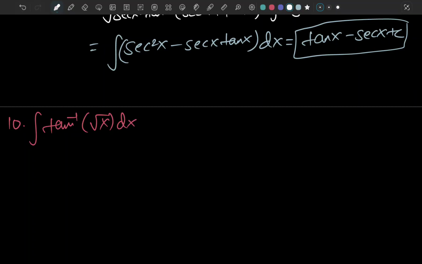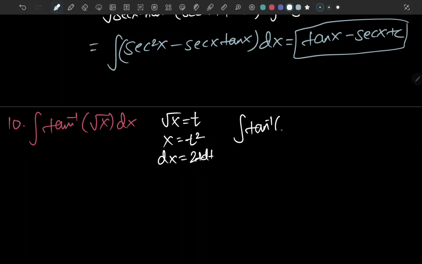I'm just going to let square root of x equal t, so x becomes t squared, so dx becomes 2t dt. So our integral becomes tangent inverse of t times 2t dt. This becomes t times tangent inverse of t dt, with 2 being multiplied to the whole thing.